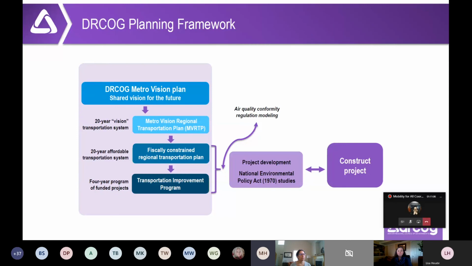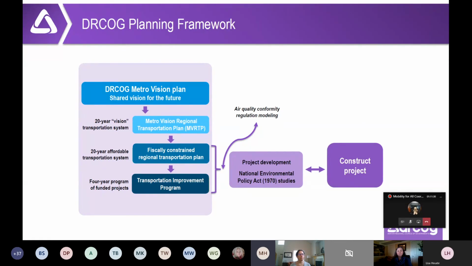Then we have our fiscally constrained plan, which takes into account reasonably expected revenues, and then puts that together with projects and project types. Basically spends the reasonably expected revenues over the planning horizon.